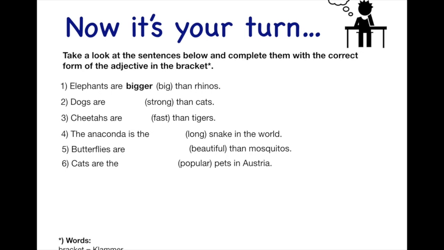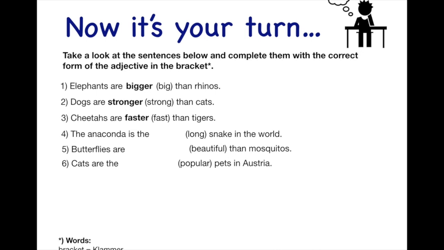And the adjective is strong. So, dogs are stronger than cats. Cheetahs are than tigers. With the adjective fast. Cheetahs are faster than tigers.